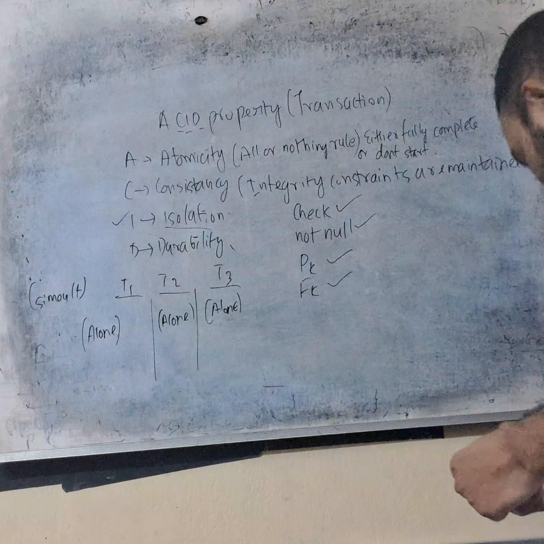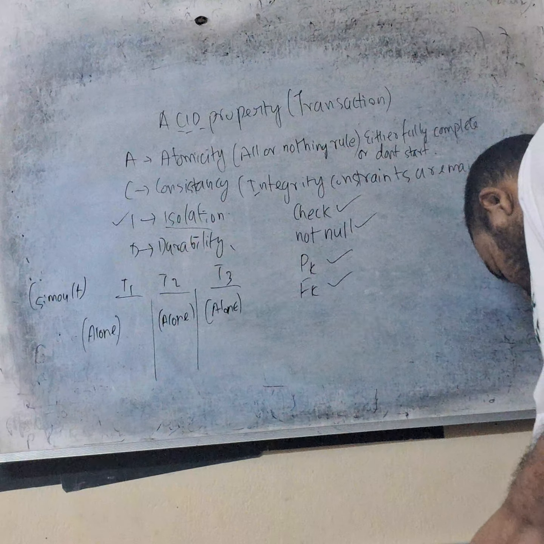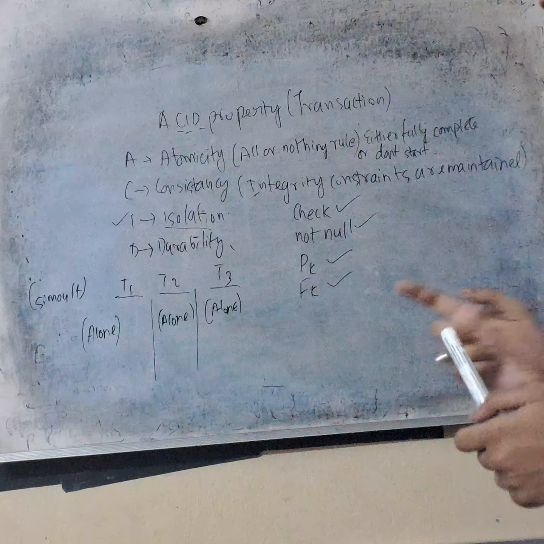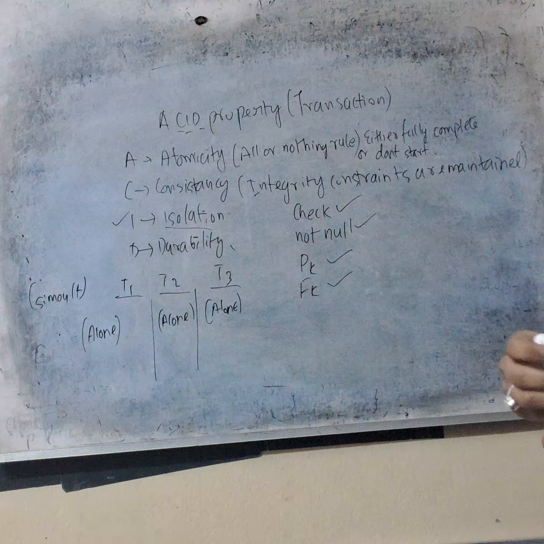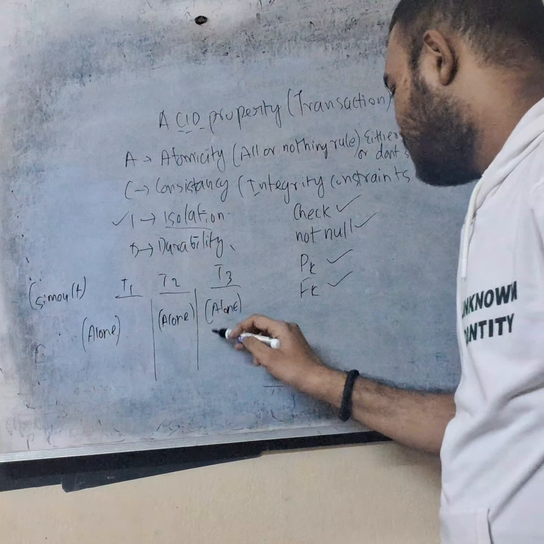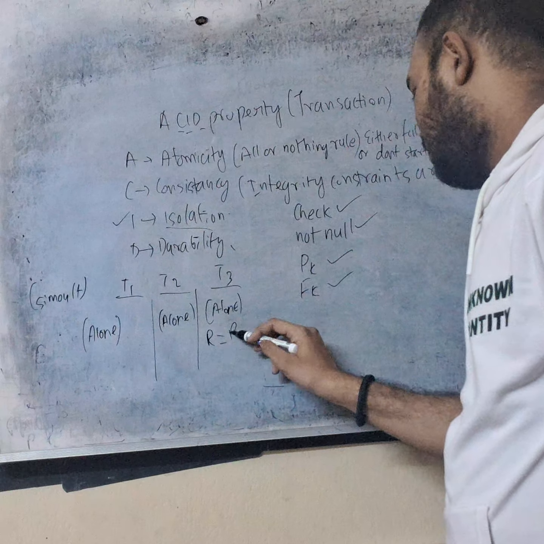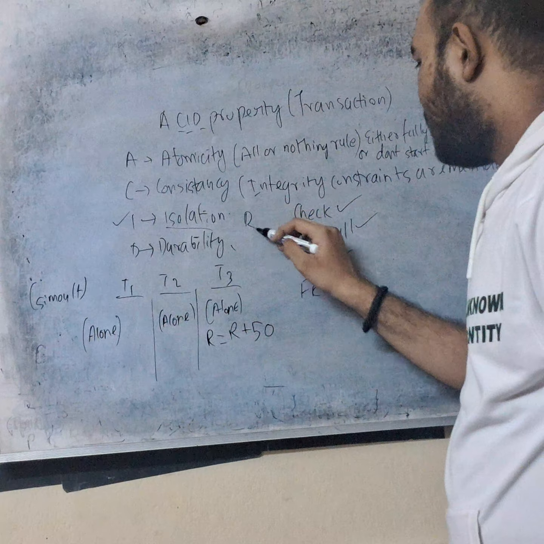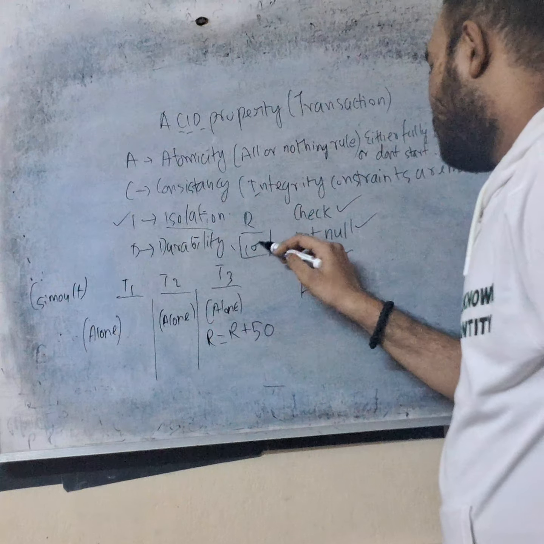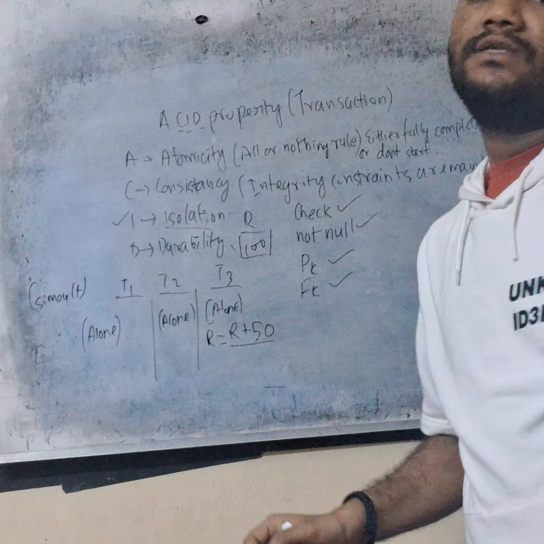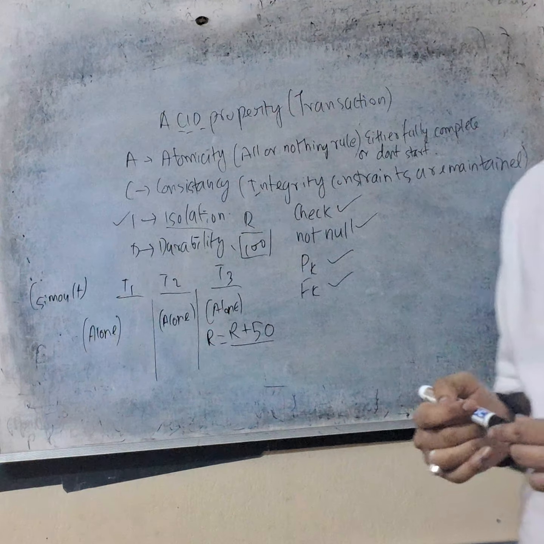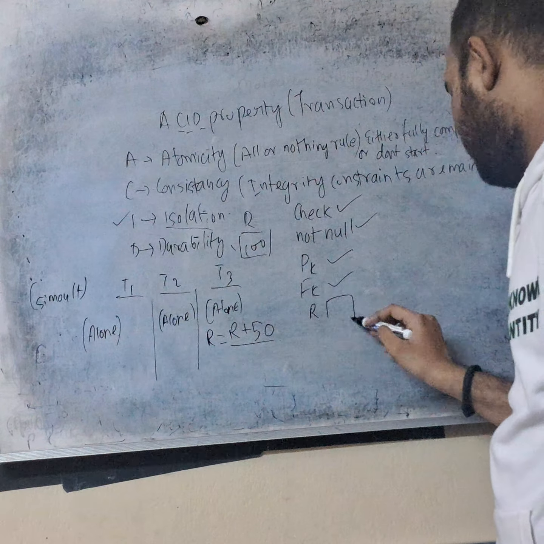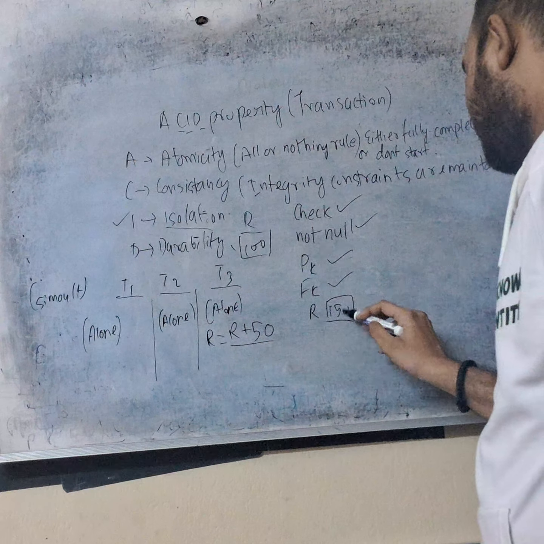Now what is the durability property? There is one question: when are the changes made by the transaction visible? For example, this transaction is increasing the value of variable r by 50. The value of r is currently 100. After it is incremented by 50, it will obviously be 150.